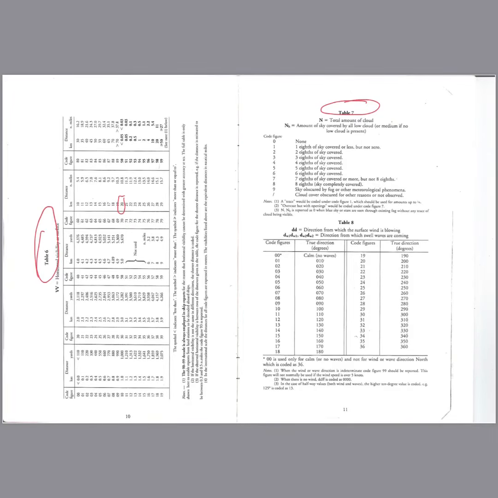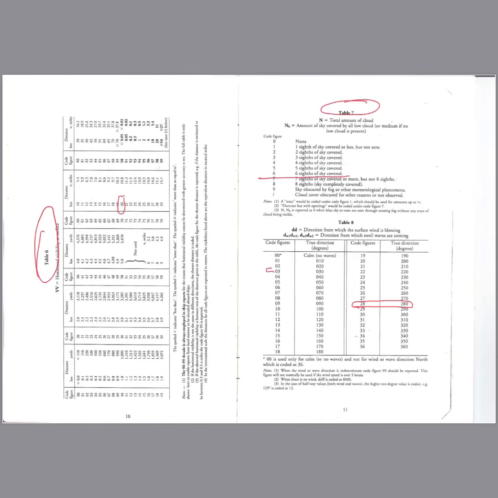If you go into table number 7, this is pretty much telling you what a 6 means, that is 6/8 of the sky is covered. What does DD mean? The number was 62828, so 028 or 280 degrees. You can see here that 28 means 280 degrees. If you were wondering what 028 would mean, it would be somewhere between this code and here, 2 and 3.